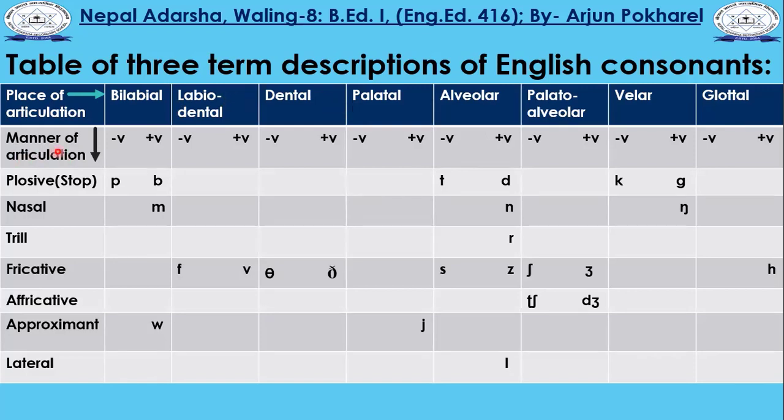These are the manners of articulation: plosives, which are stop sounds, nasal, trill, fricative, affricate, approximant and lateral. And the different places of articulation are bilabial, labiodental, dental, palatal, alveolar, palatoalveolar, velar, and glottal.